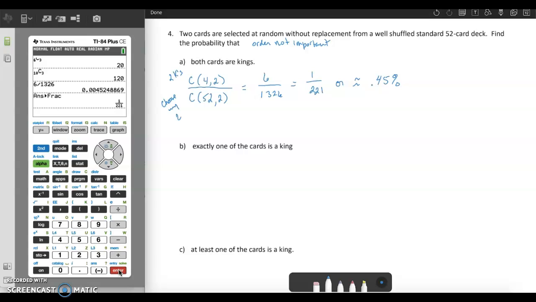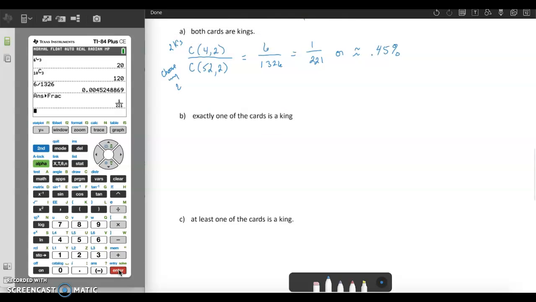What's the probability that exactly one of your cards is a king? Okay, well, to do that, we would have to choose 1 king and then choose 1 not king, right? Anything else. So in order for that to happen, we're still in general choosing for our denominator, out of 52, we're choosing 2.